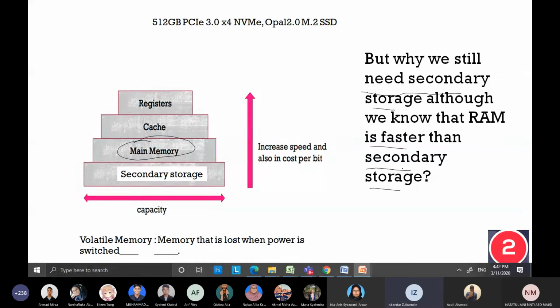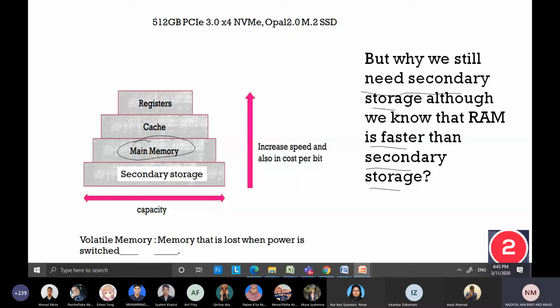While secondary storage still keeps the data even without electricity. Good, correct answer. Do all agree? Yes, agree.